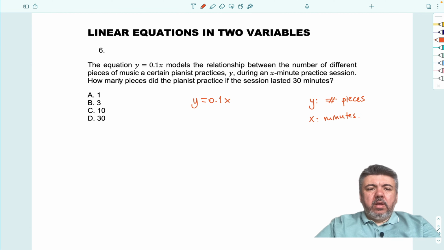So, how many pieces did the pianist practice if the session lasted 30 minutes?